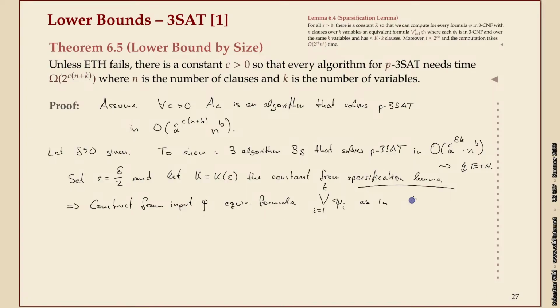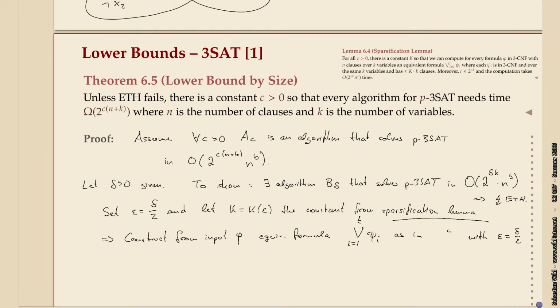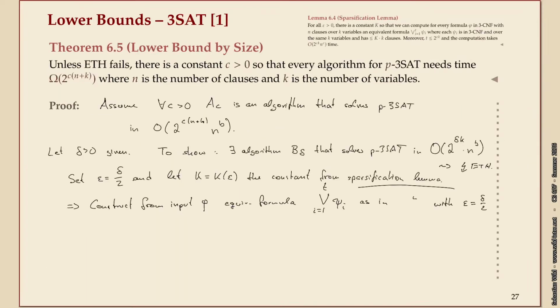And then we have these properties, with our epsilon, delta half. That's the first step. Maybe let's say step 1.